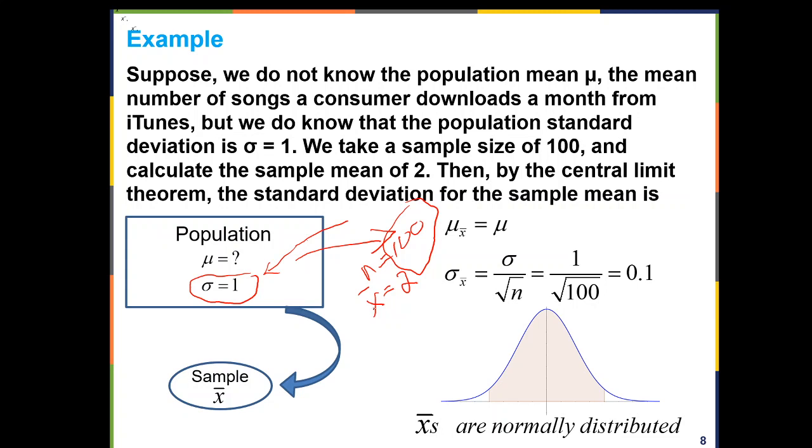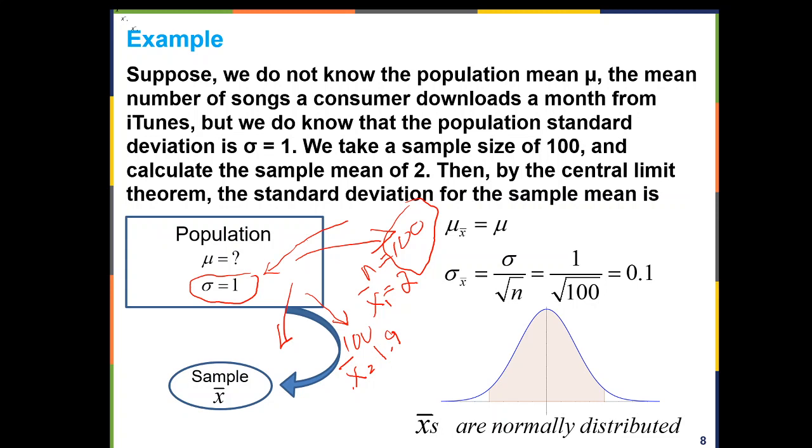Well, we know for sure that's not the case. But we can use the central limit theorem and say, what if we take another sample of 100 and find another mean? Let's say this is X bar 2 and that was X bar 1. And X bar 2 is maybe 1.9. Or maybe we do it again and find another X bar.